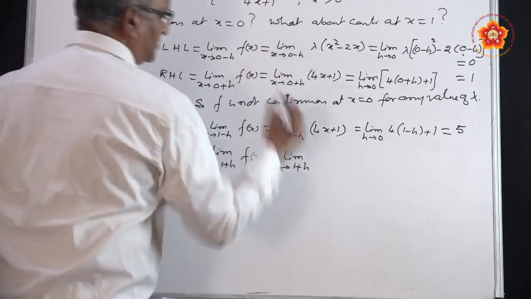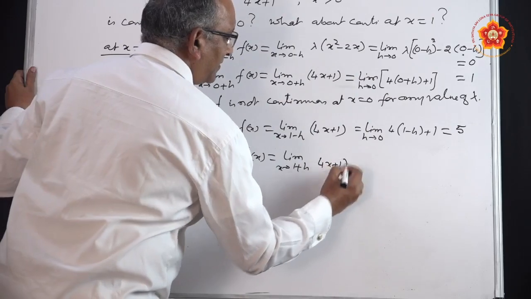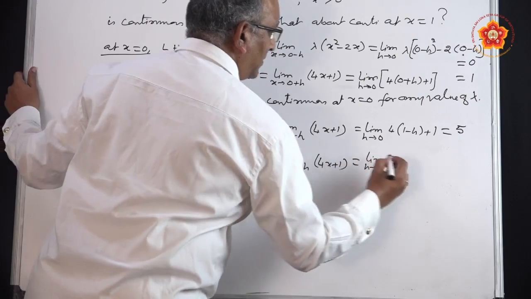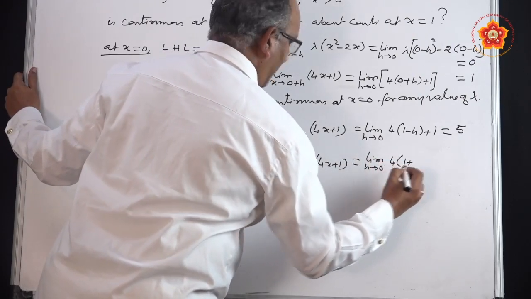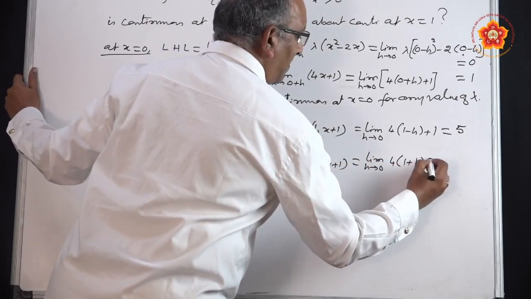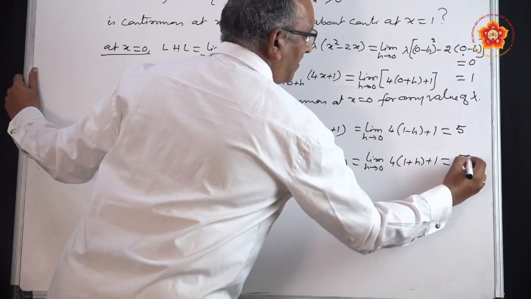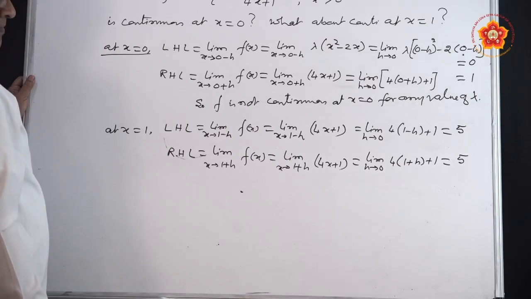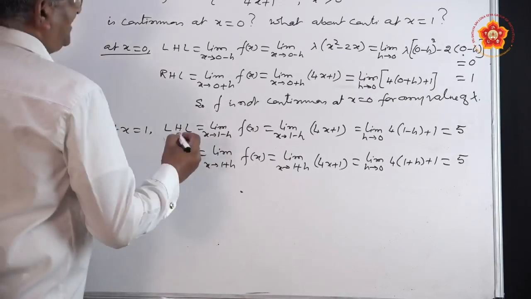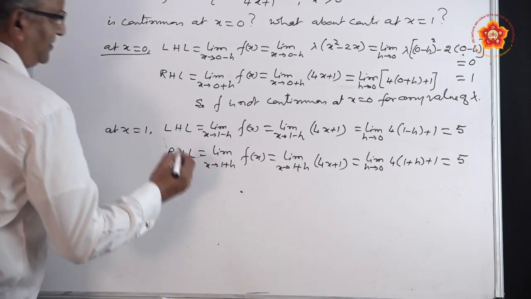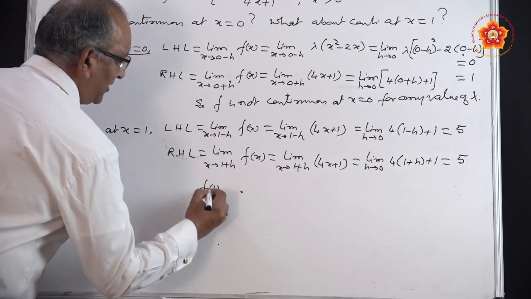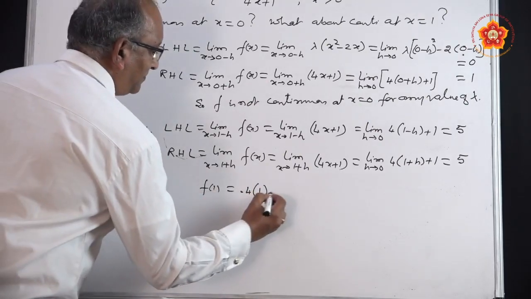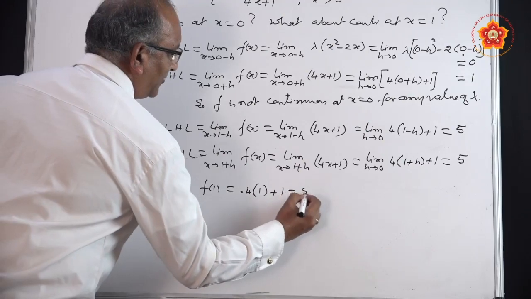More than 1 is also the same function. And the value of the function at x equal to 1 is also the same. f of 1 is 4 into 1 plus 1 equal to 5.